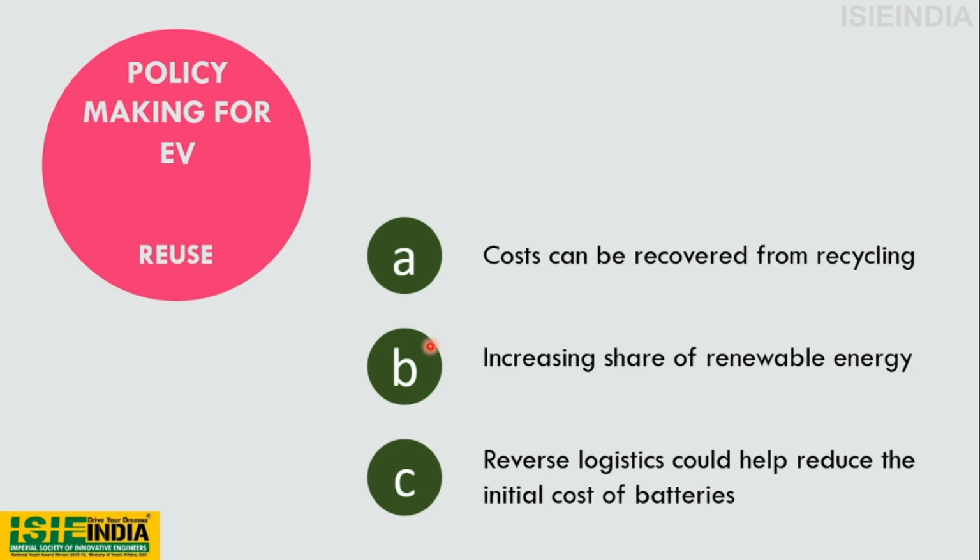The increasing share of renewable energy increases the demand for storage, and vehicle batteries could offer a solution that would result in a reduction in the cost of ownership. Since the volume of batteries will grow with the increasing uptake of EVs, a strategy to incentivize reverse logistics could help reduce the initial cost of batteries for end users and manufacturers.